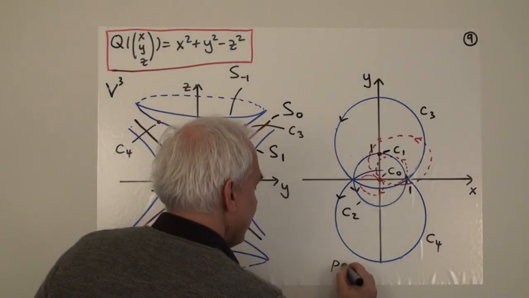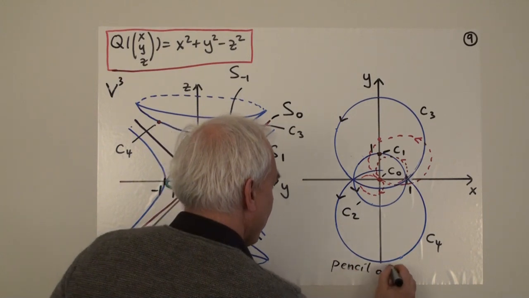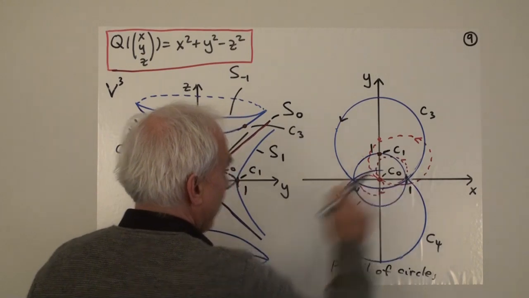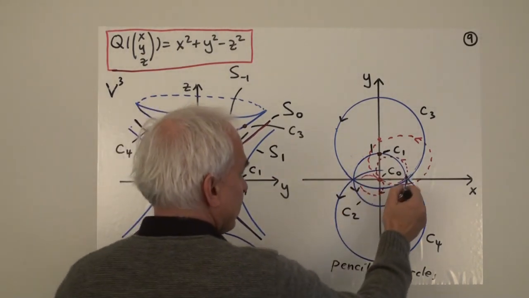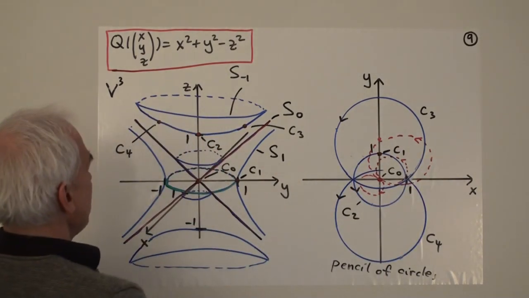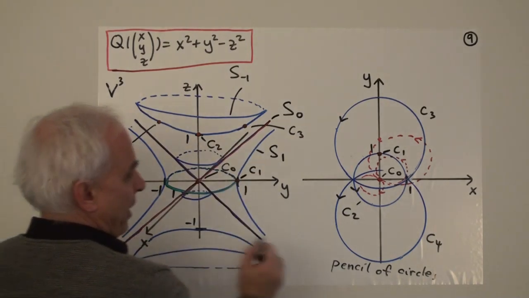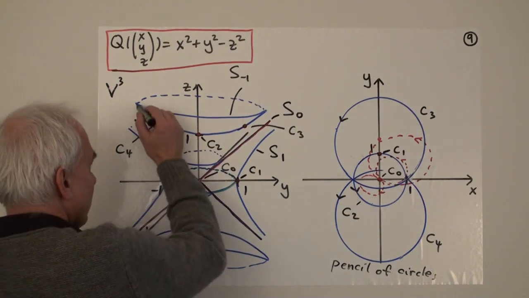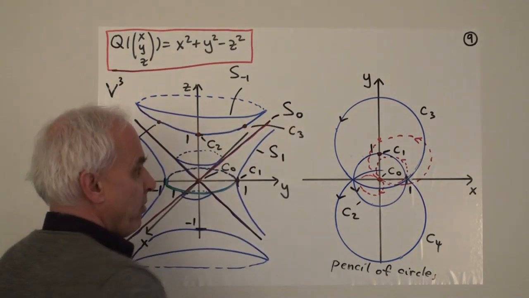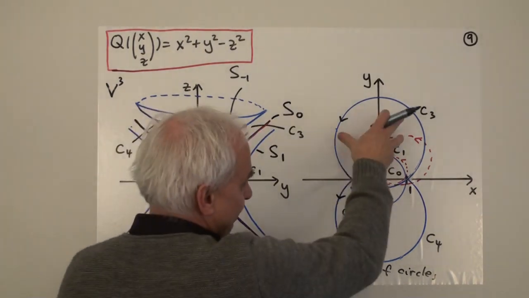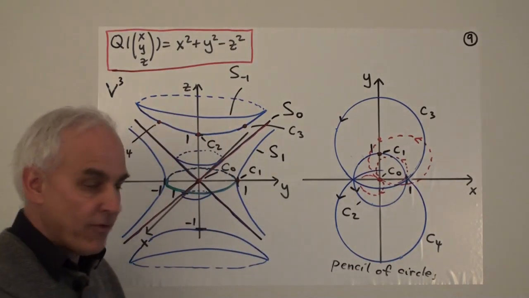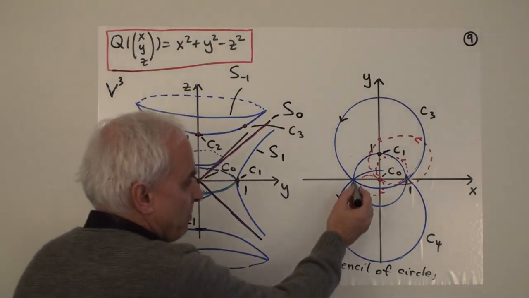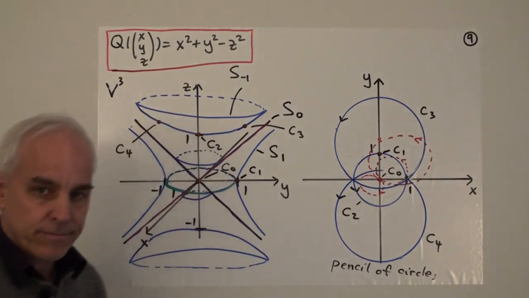So it gives us a pencil of circles, sort of like a 1-parameter family of circles, and includes this one here, and includes C3, which was this point here, and C4, which is down here, also passing through these 2 points. So as we move along here in the hyperboloid, we are moving through all the circles which are positively oriented, which pass through these 2 points.